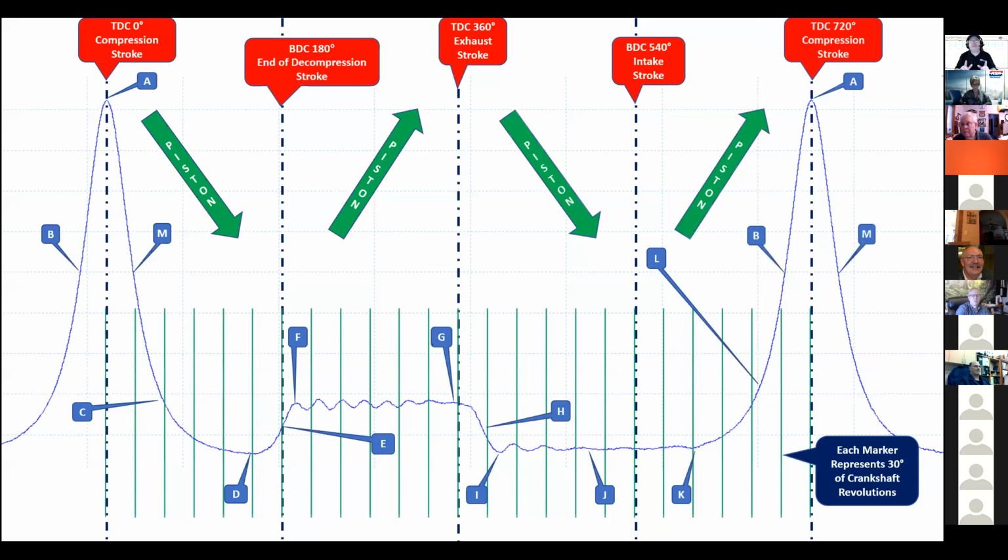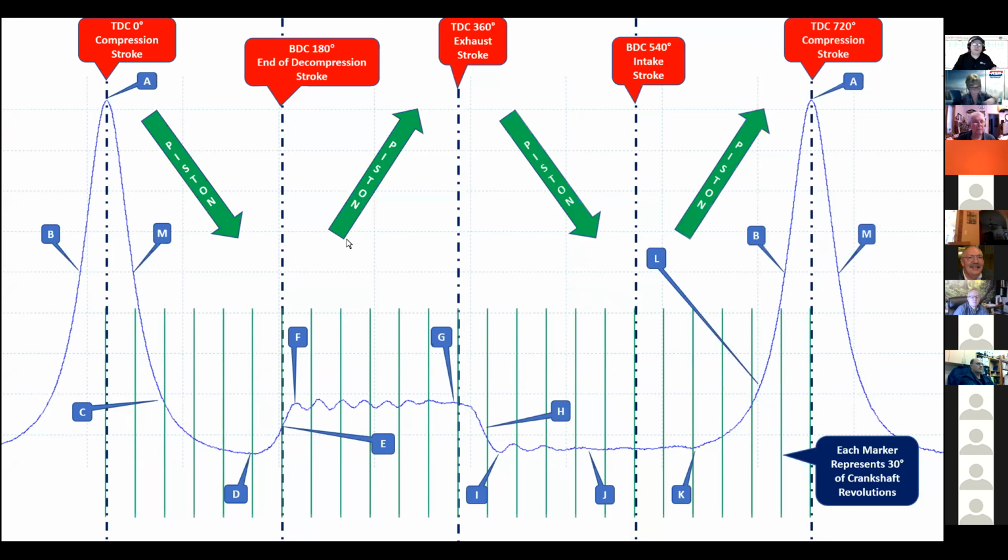Here's what I've done to help you guys if you're interested. Most of my students all over the West Coast have already got this information from me. But I produced a cheat chart, and I'll grab one here. I certainly don't know how well you'll see this, and I don't expect you to be able to see it clearly. But here's what I did. I built what I would call a known good compression waveform cheat chart.